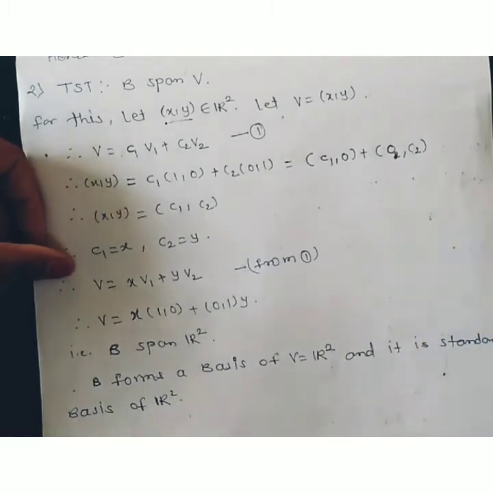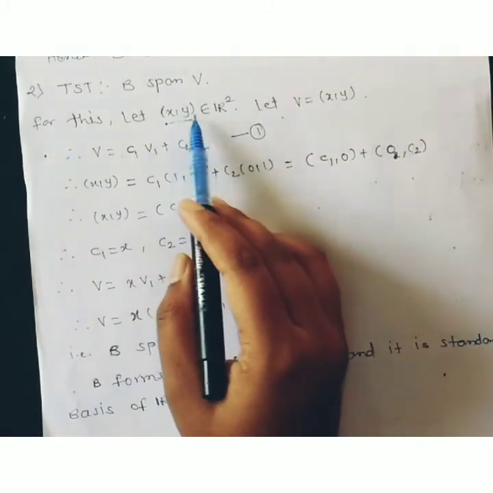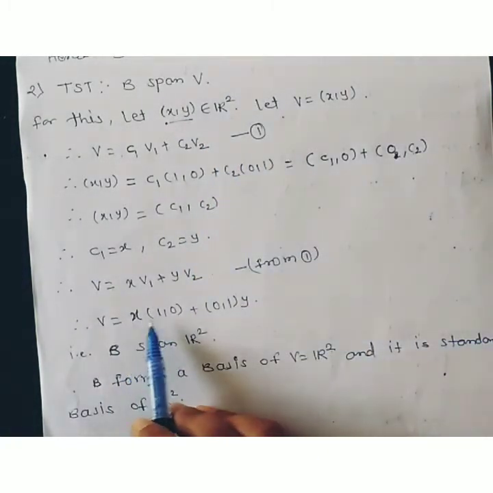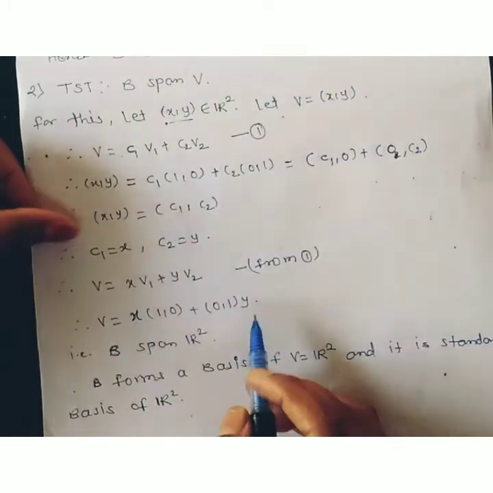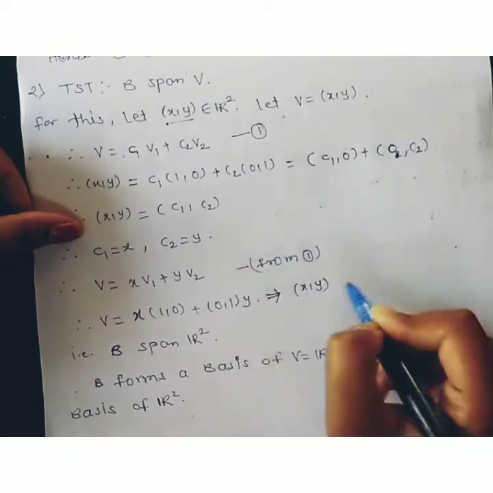Therefore, any arbitrary vector (x, y) belonging to R2 can be expressed as a linear combination of these vectors.